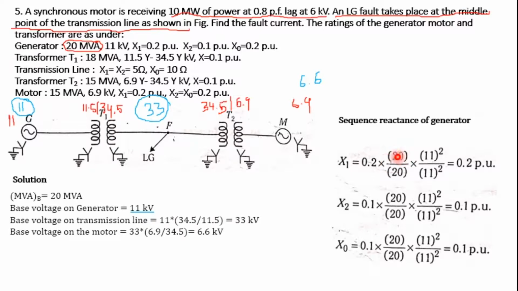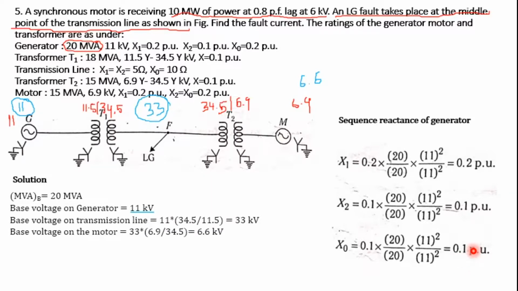We are not writing this, directly substitute the values. Do not spend your time substituting, because the old value and new value for the generator are the same: the old value is 20 and the new value is also 20, and the voltage is also 11 by 11. So you'll get 0.2 for X1, and for X2 we'll get 0.1 and X0 will get 0.1.